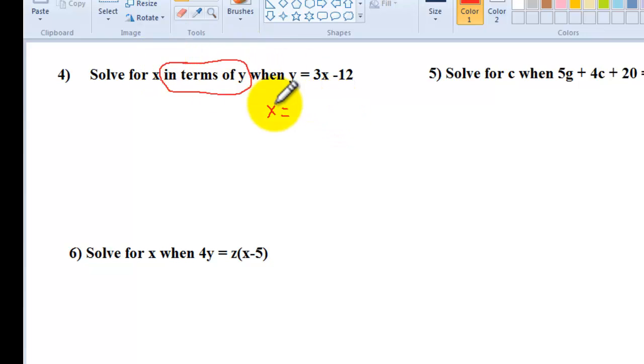So that's solving for x in terms of y, because you'll see y over here instead of y equals 3x minus 12. This here is solving for y in terms of x.